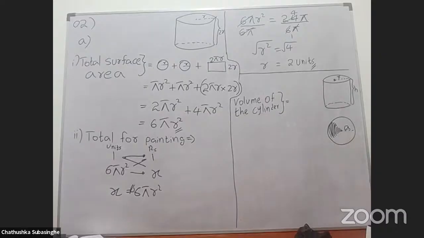We can find the volume of the cylinder. Now I will tell you a method to memorize these volume equations easily. If it is an equally distributed object or a solid, then it is easy to find the volume.